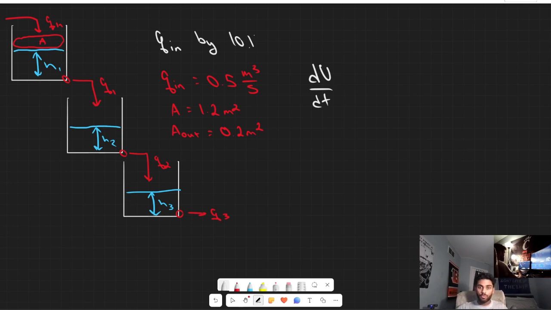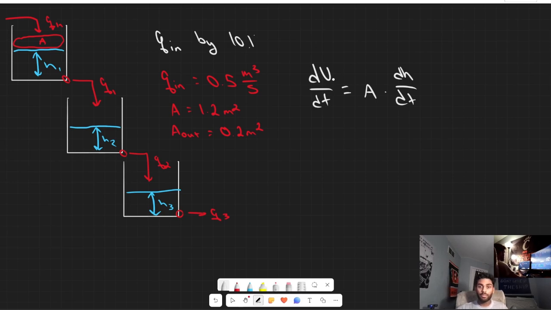And the reason why we use volume here is because the volume of liquid in these tanks is equal to the cross-sectional area times the height. So we can rewrite dV as A dH, area, which remains constant, times the change in height, and this is all going to be over time.